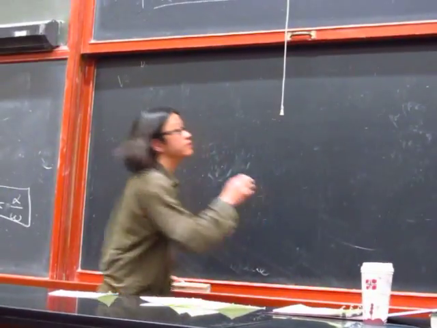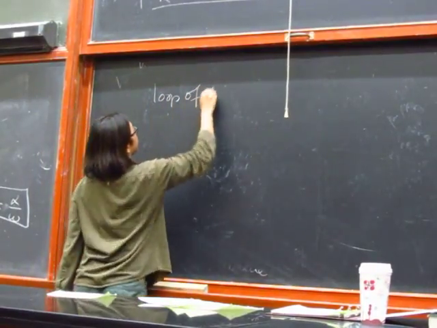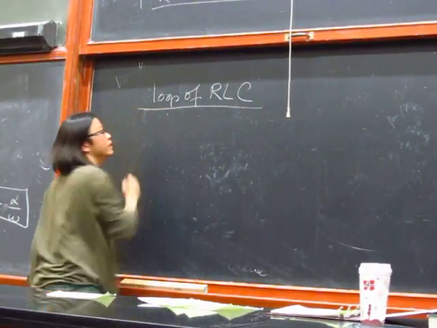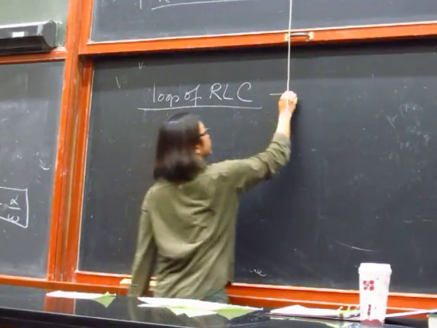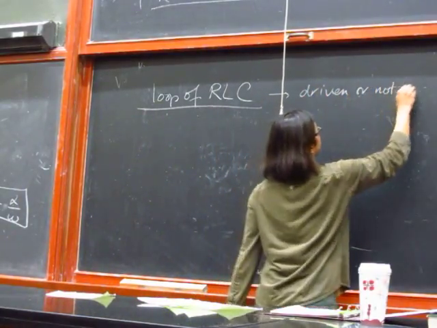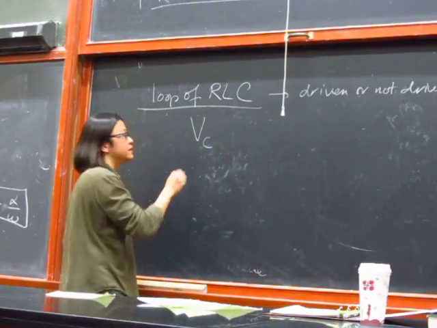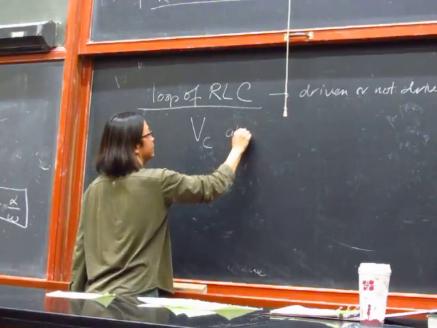In any AC circuit across a loop, driven or not driven, Vc is always the head, right?